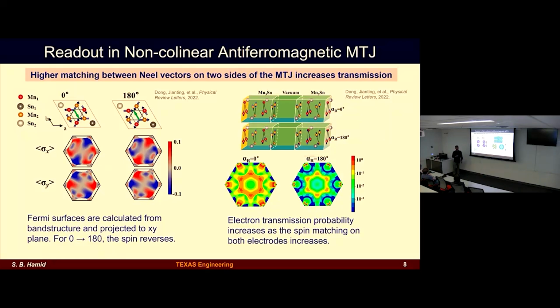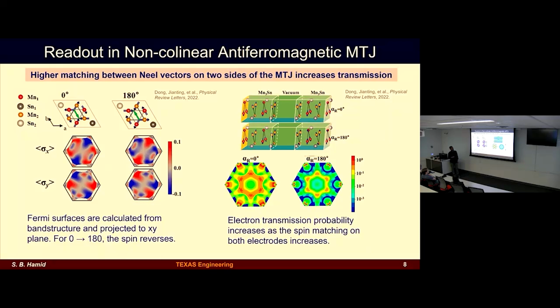Now, what this means is that if we were to use two of these materials, like in a tunnel junction scenario, we are using vacuum here, but they could have used an insulating layer as well. But you can imagine that the left electrode here is fixed, and the Néel state of the one at the right-hand side is changing.